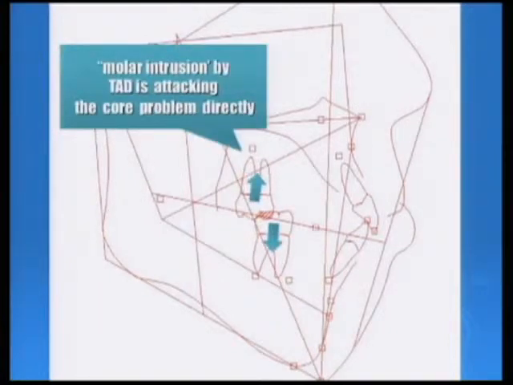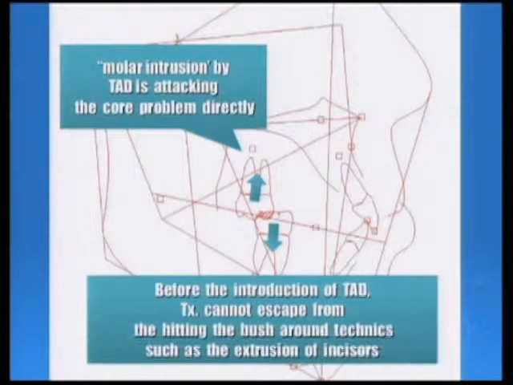That's why I think that molar intrusion is the treatment of choice, because it addresses the origin of this problem, whereas the conventional treatment, such as extruding the incisors, is merely a hit-the-bush-around technique.